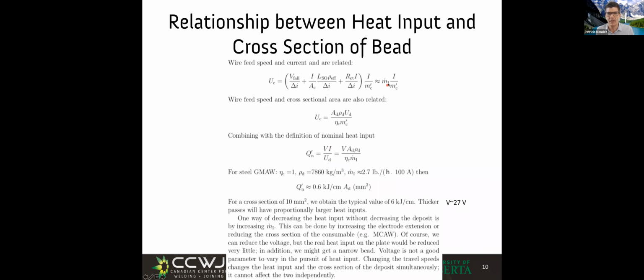Here I have something that relates current to deposition rate. And in this one, I have something that relates deposition rate to travel speed. I put all these together.